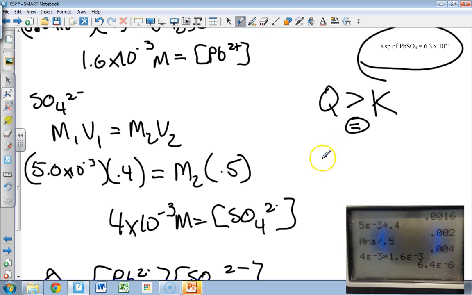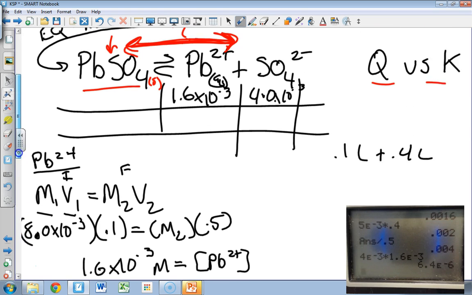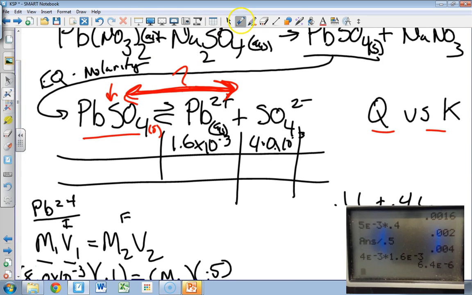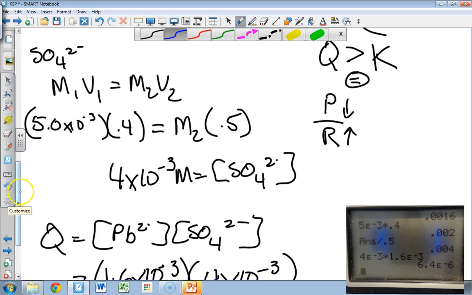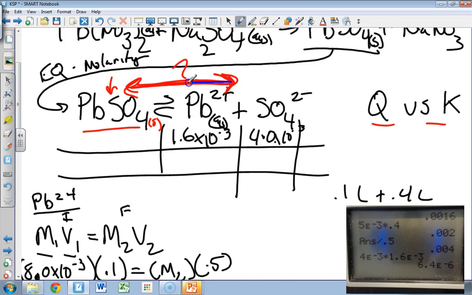Looking at products over reactants, that means the products have to decrease and the reactants have to increase. So the reaction is going to shift in this direction. If it shifts in this direction, it's going to form a precipitate. So this reaction will precipitate.